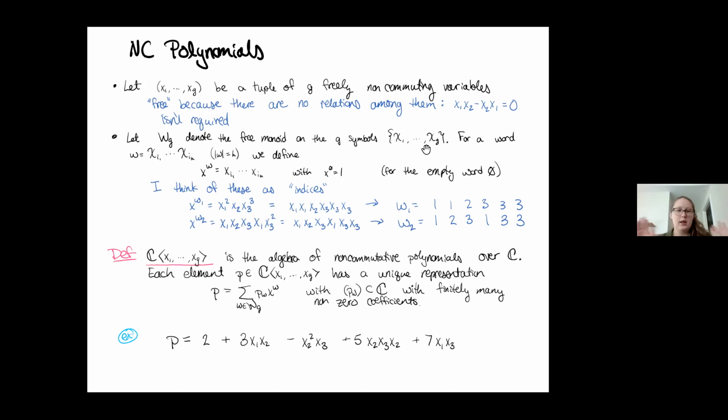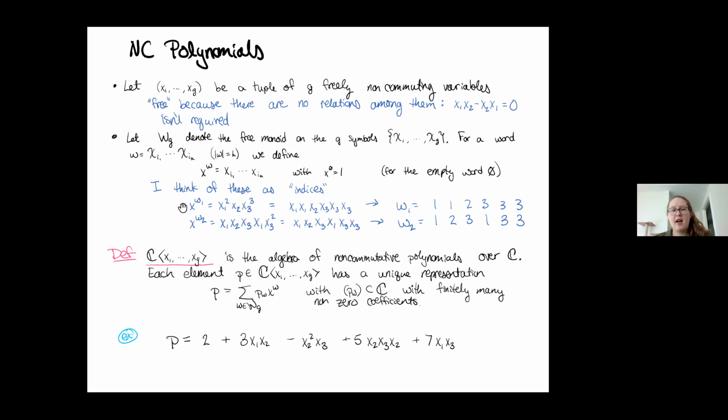Here's our formal definition. I like to think of these as indices in some very hand-wavy, air quotey sense. We're saying, okay, you take your tuple of variables, you raise it to the appropriate word. And what this does is it says, okay, how do I order my variables and what powers are they to?